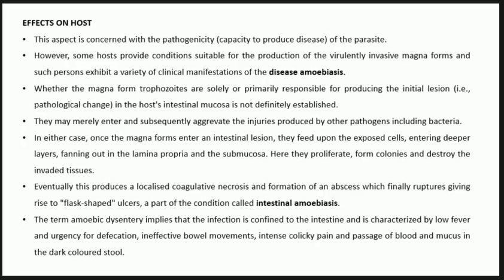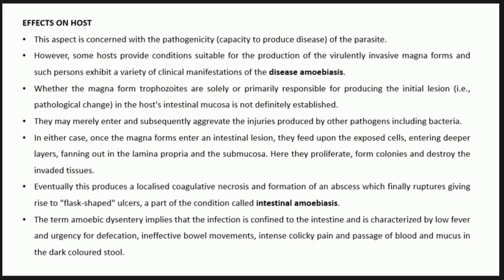As we have already seen, the minuta form is asymptomatic and doesn't show any effect on our body. But if it starts some problems within the body and their number increases, then they become pathogenic in nature. Initially they are common cells, but later they become pathogens, and that damages our body.